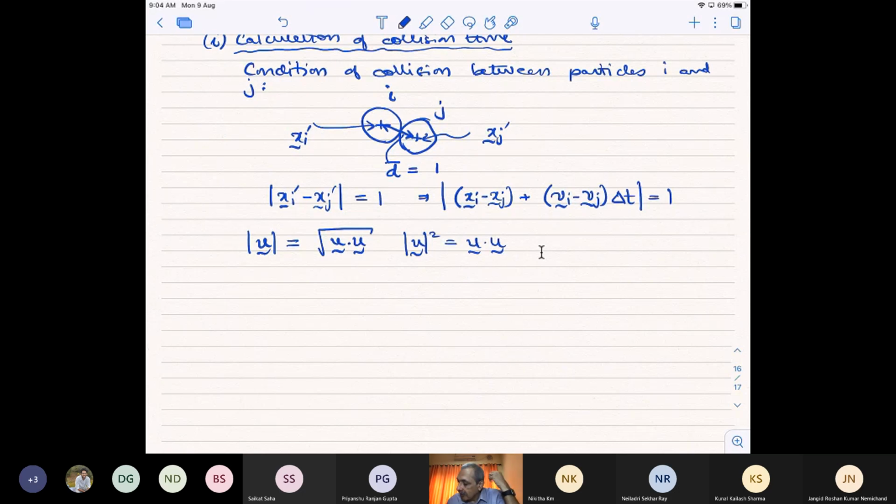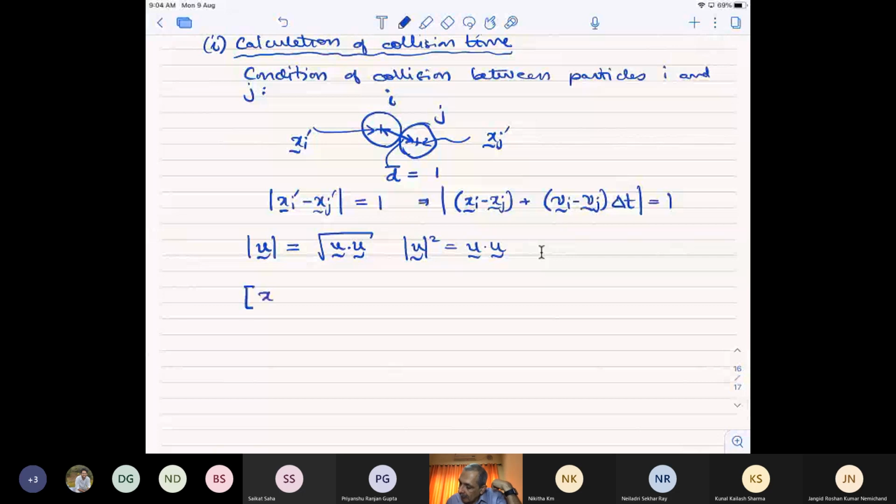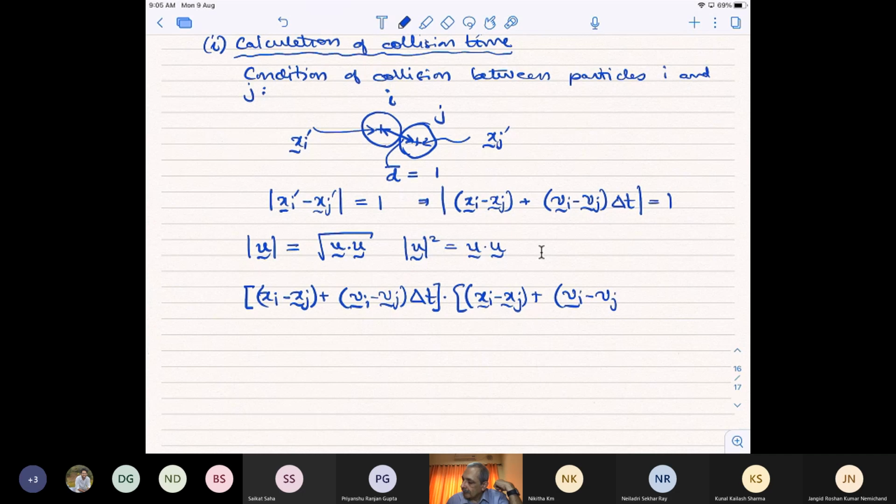So basically what it says is that xi minus xj plus vi minus vj times delta t, dotted with itself, is equal to, since this is this vector squared, 1 squared, which is still equal to 1.